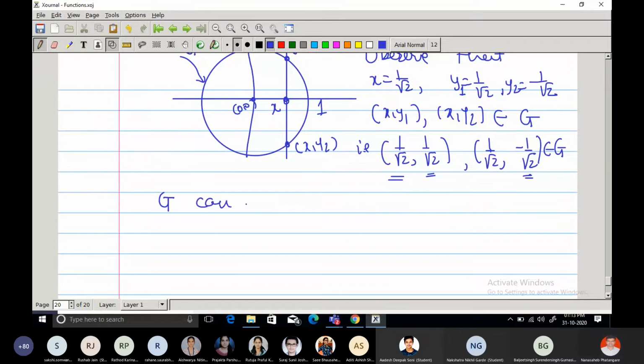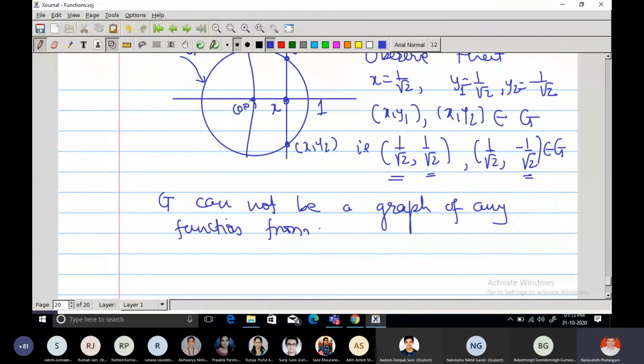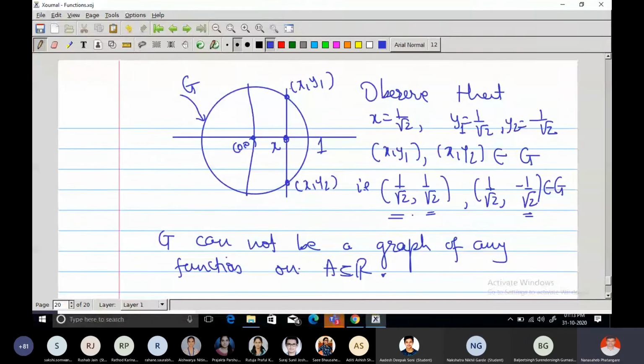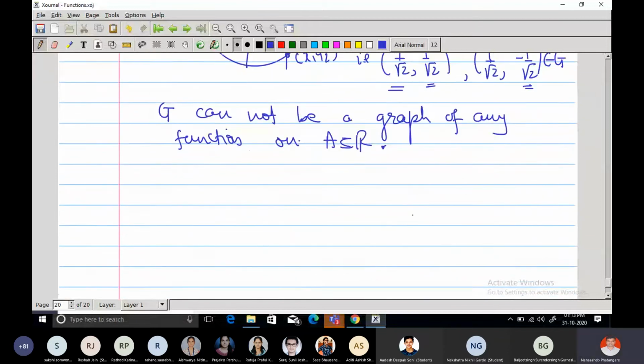So G cannot be a graph of any function from any subset of R. This cannot be a graph of any function defined on any subset of R, no matter what subset you choose. So this is clear, right?